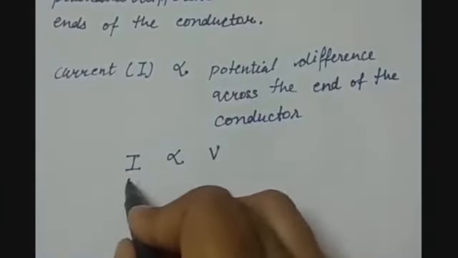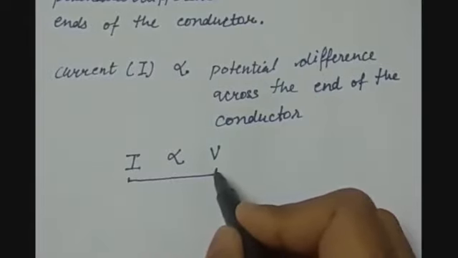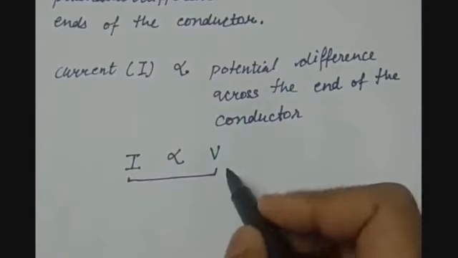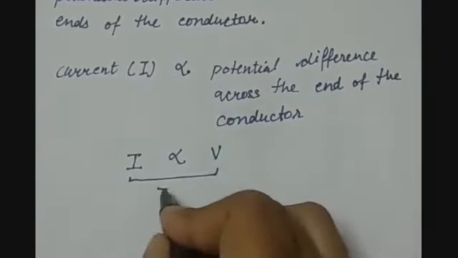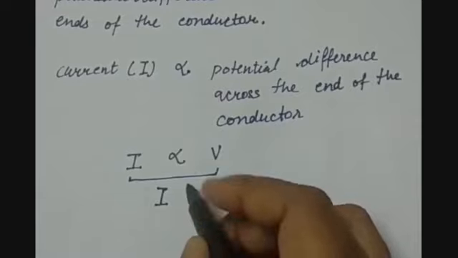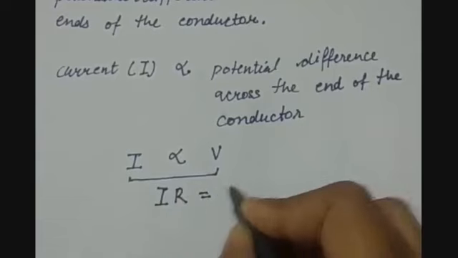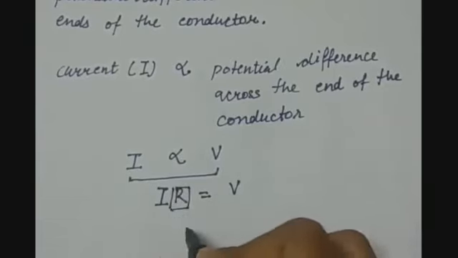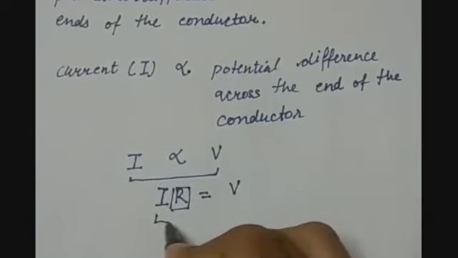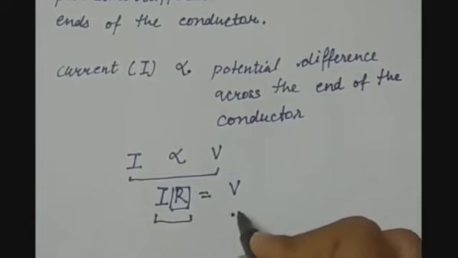But with the help of this mathematical proportionality, we cannot solve questions or numerical problems. So, to solve this problem, we have IR is equal to V. That means a constant value is multiplied with the current, so that this total term will be equal to the potential difference.